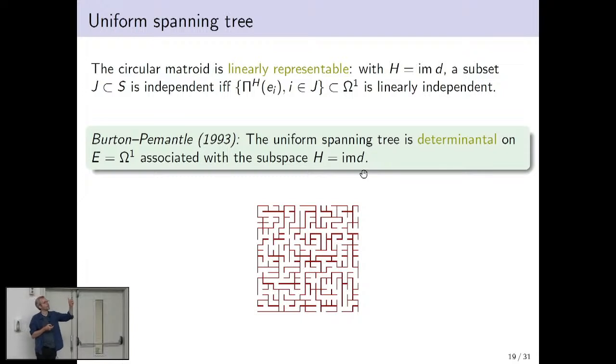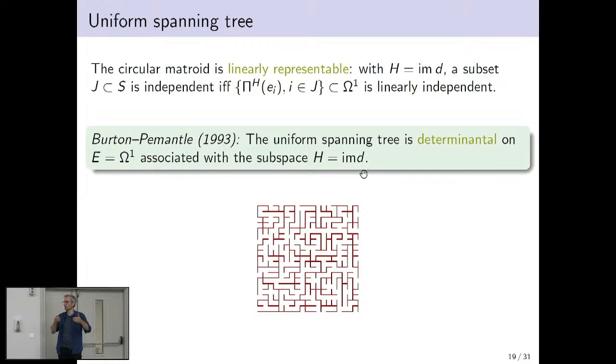And I didn't specify what is the orthonormal basis I'm talking about for omega 1, but omega 1 are one forms, and I'm just going to take a sort of canonical basis, which is that for each edge, I look at the one forms which have support just on that edge. So basically, if you fix an orientation of each edge, it gives you an orthonormal basis of the space of one forms.